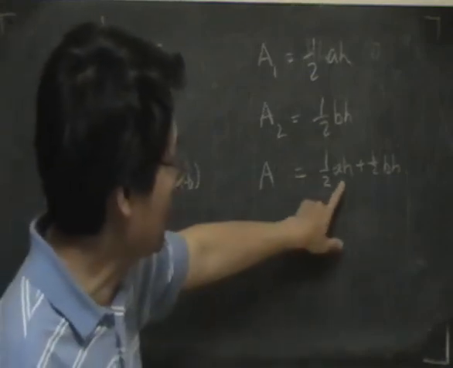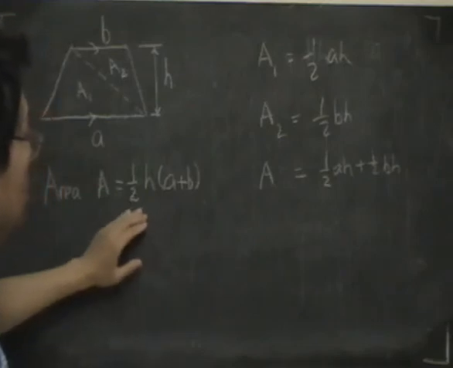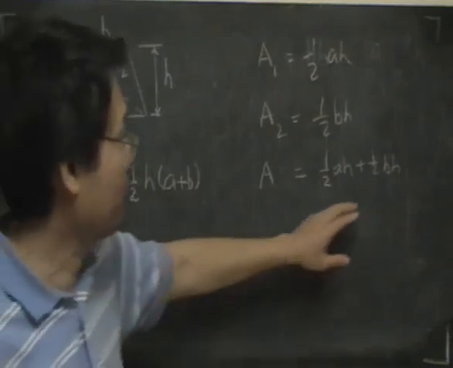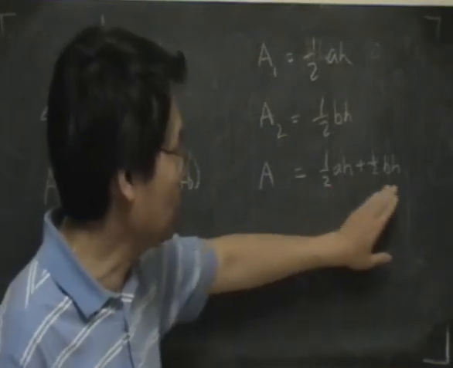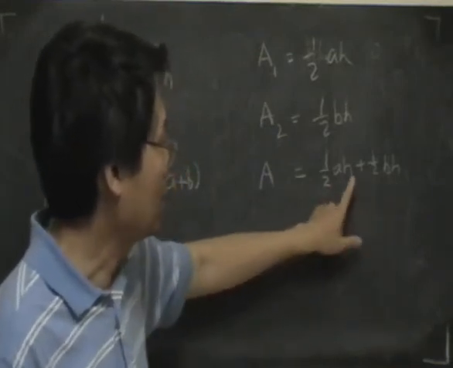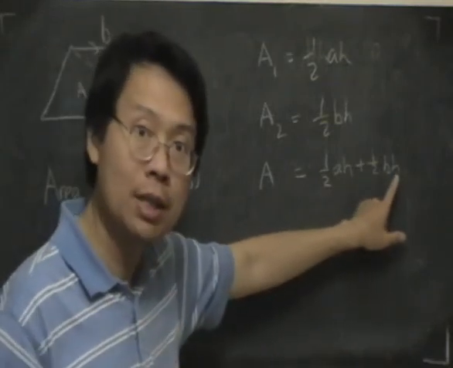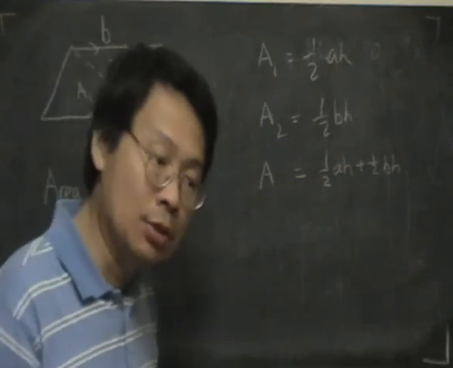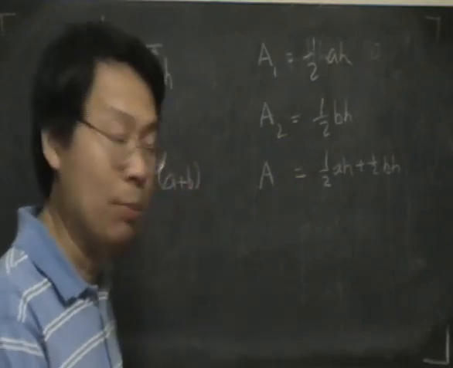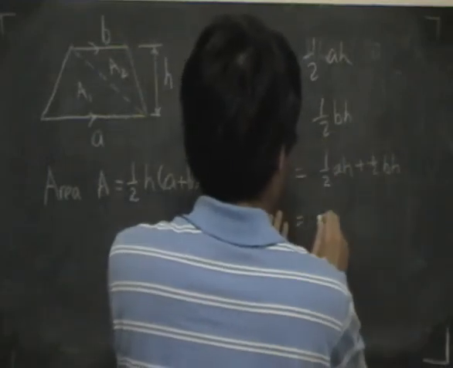Now if you look at this and compare with this, you see that they are the same because I have two terms here and each term has the common factor H. So I can take the H out and put a bracket around the remaining terms like that.